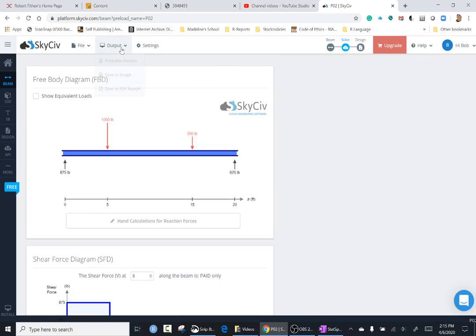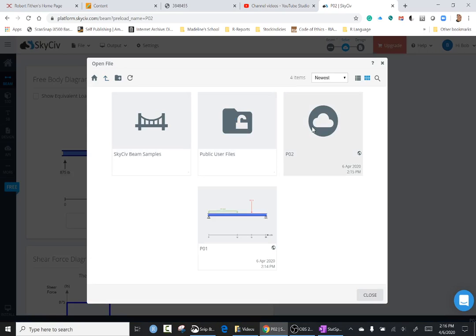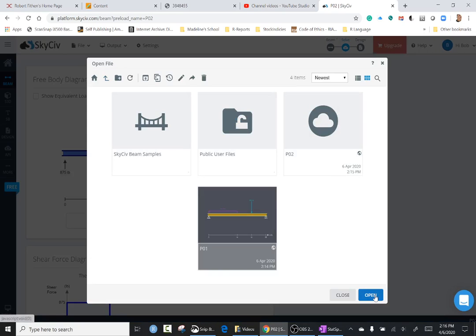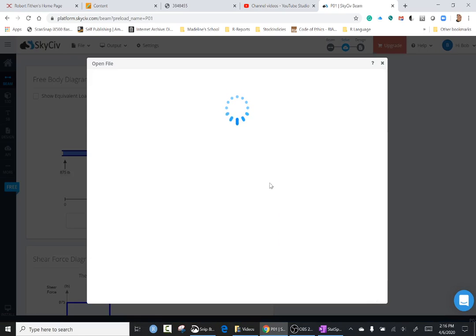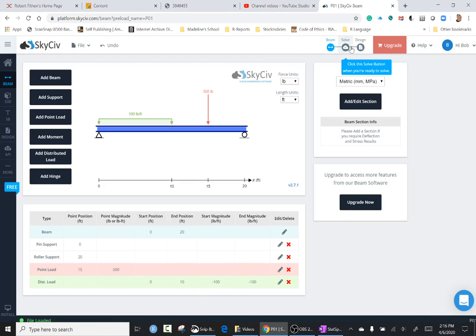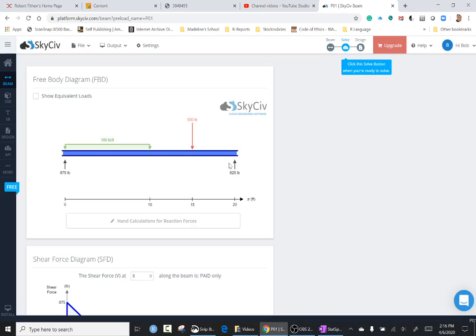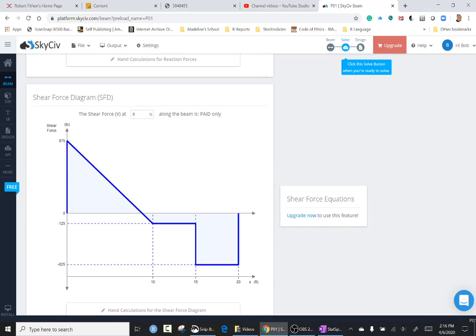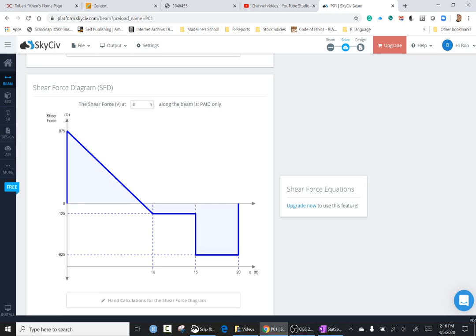Let's open PO1. Does the shear diagram look the same? The answer to that is no. The reaction loads are the same, the shear diagram is not the same, but let's let it load. No, not the same.